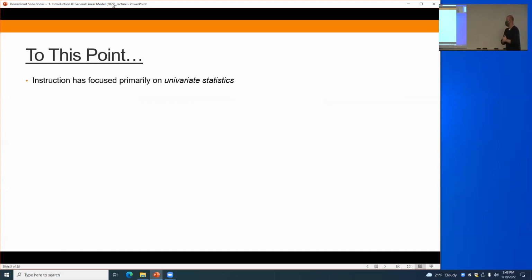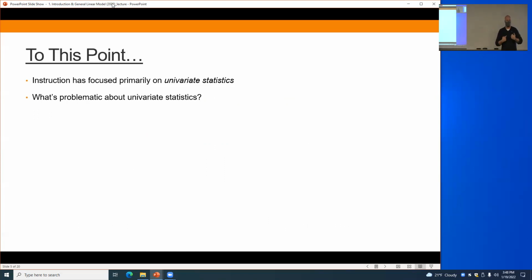All right, so up to this point, what we've done primarily is look at what we describe as univariate statistics, okay? Univariate or bivariate, we're just looking at one IV and one DV, right? If we're looking at a t-test, we have one grouping factor and one outcome.